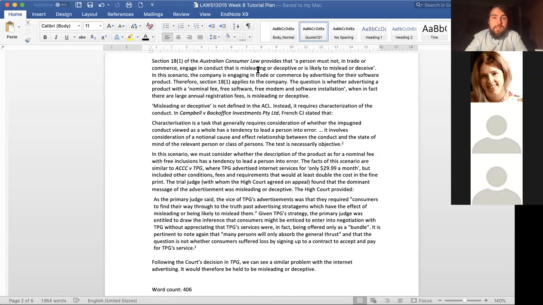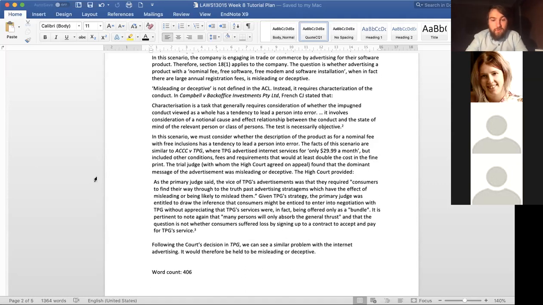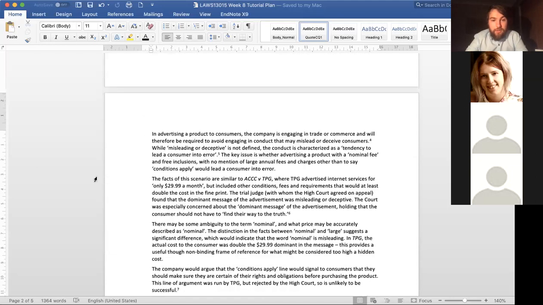The emphasis needs to be on the discussion around misleading or deceptive being conduct that leads a person into error, from Campbell. Unless there are any other thoughts, we might move on to the second one. Note as well, just over 400 words for just the discussion of that issue.